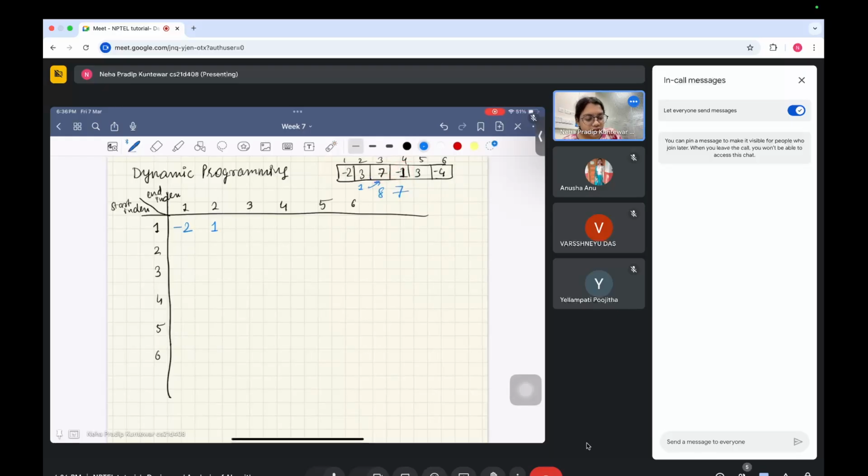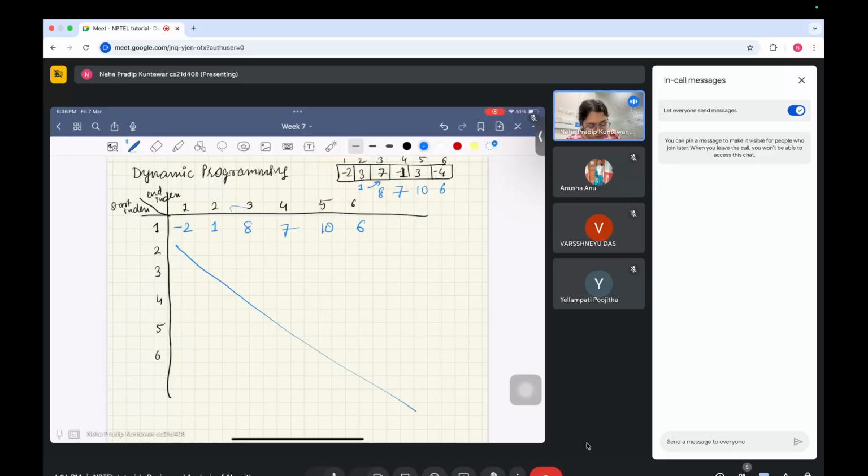And similarly, now if I want to do the sum of 1 to 5, I'll not count all of them. I'll just look at the previous sum and add it to the current value, that is 10. And similarly for 6, it will be 10 minus 4, which is 6. So I'll write this: 8, 7, 10, 6. Now notice that the left diagonal here is useless.